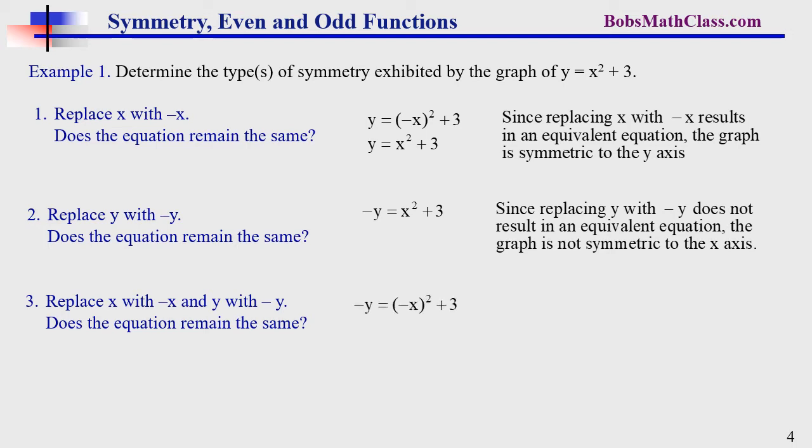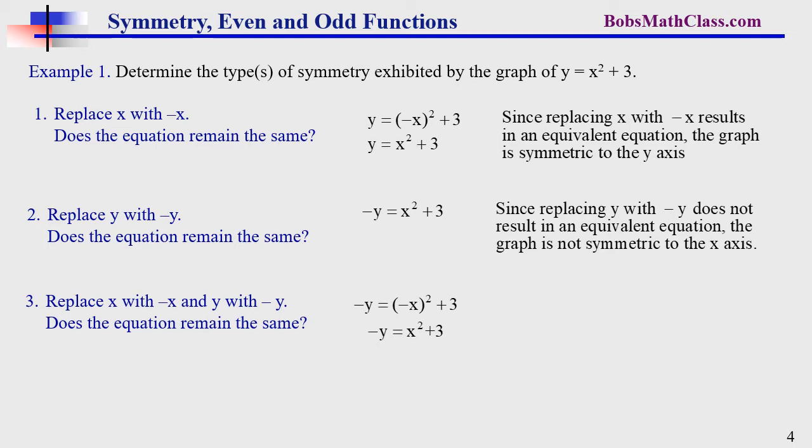All right, so here we are. We changed y with negative y and x with negative x. Now again, the negative x squared, we're going to lose that negative. That's going to become positive. But the negative in front of the y stays there.